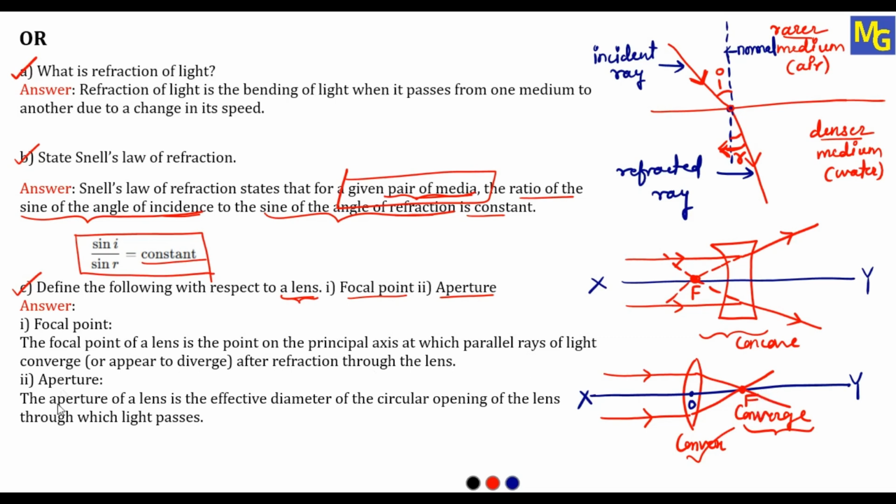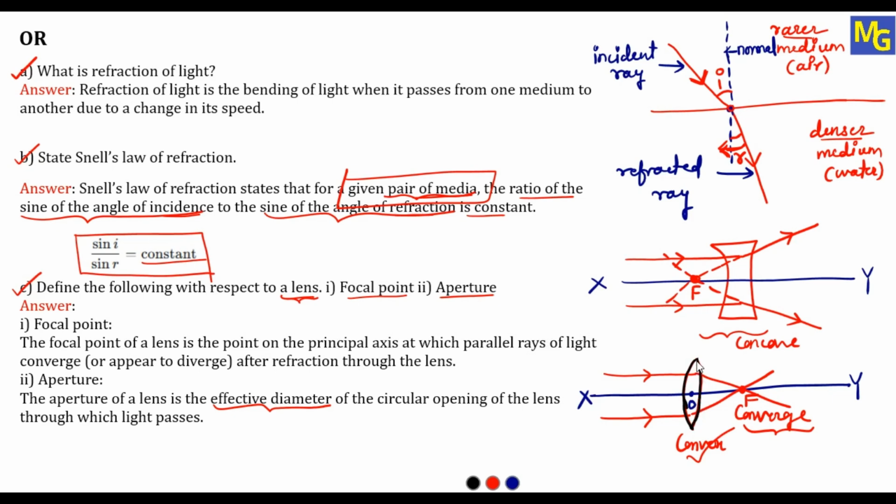Now we are going to move on to the next, that is aperture. The aperture of a lens is the effective diameter of a circular opening of a lens through which light passes. So here you can see, if this is the lens, then this is the effective surface from where the light is going to pass.